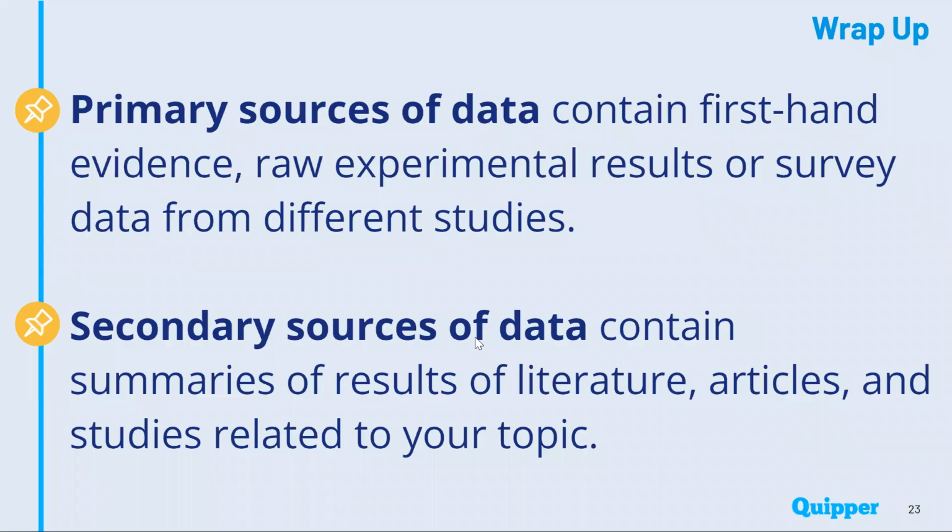Okay, so again, primary sources of data contain first-hand evidence, raw experimental results, or survey data from different studies. Secondary sources of data contain summaries of results of literature, articles, and study related to your topic.